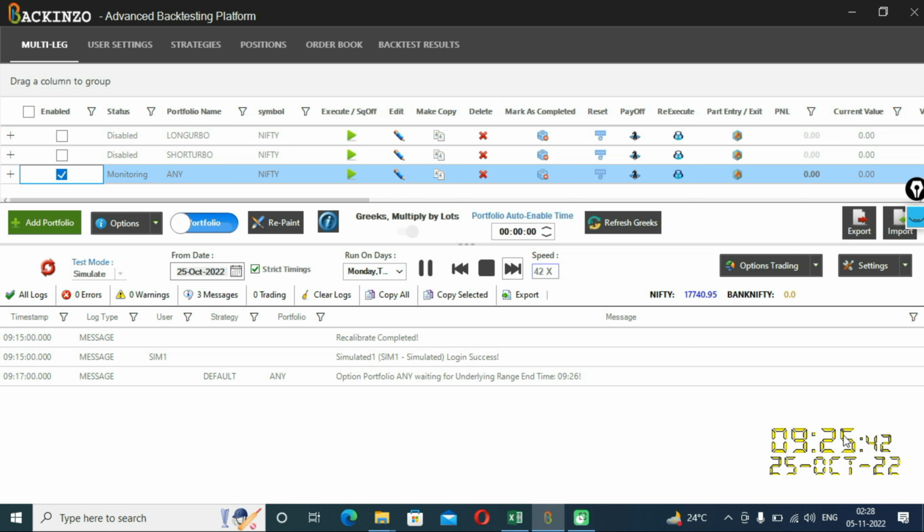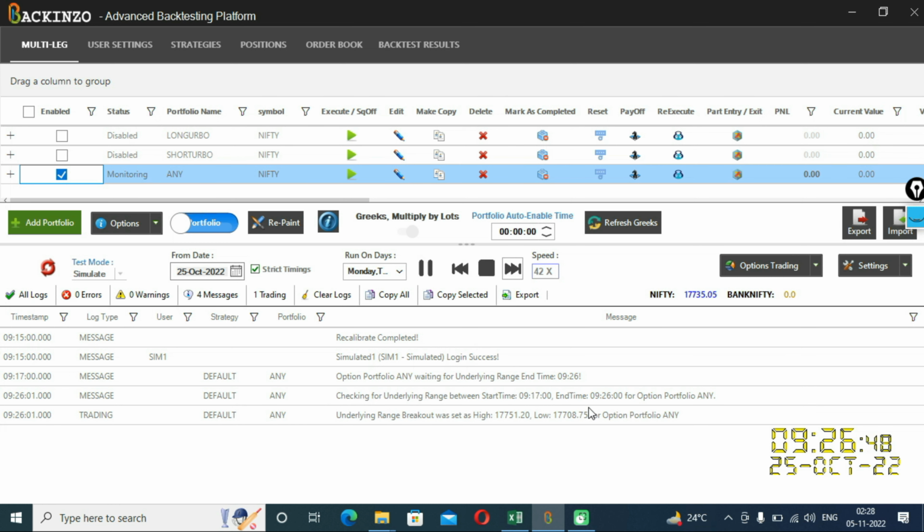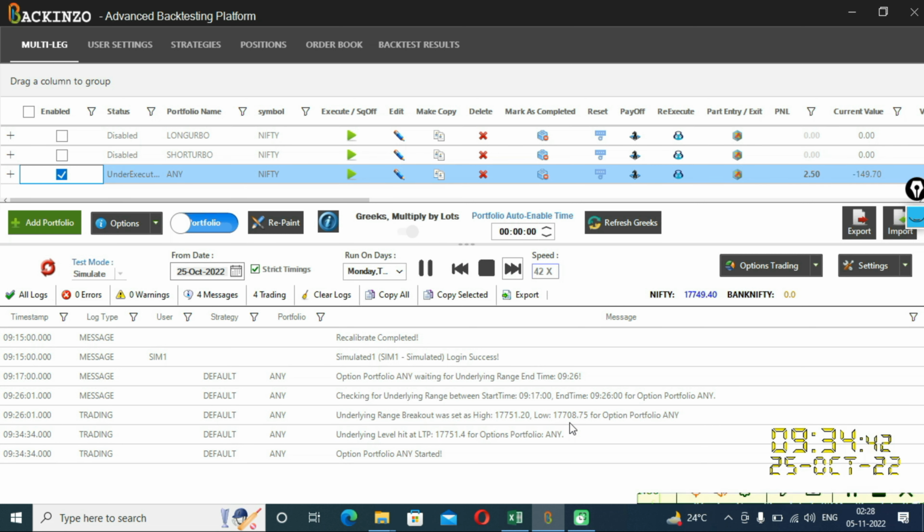9:24, 9:25 and 9:26, right? And here at 9:26, high price is set at 17,751 and the low price is set at 17,708, right? Now I'll wait for it to hit. Let's see which side it hits first.